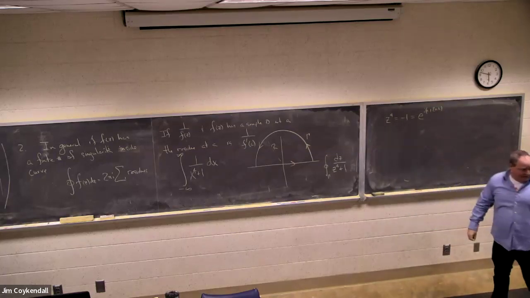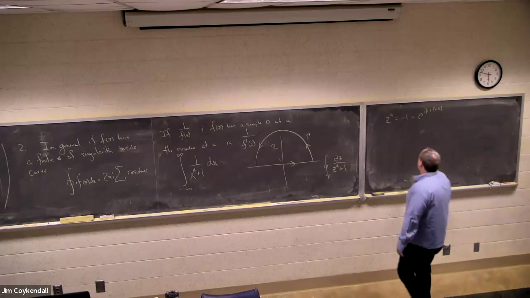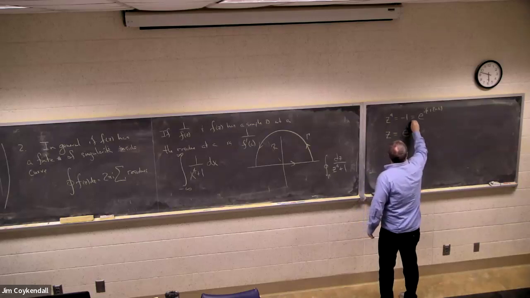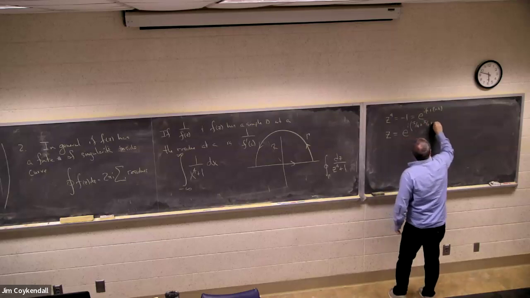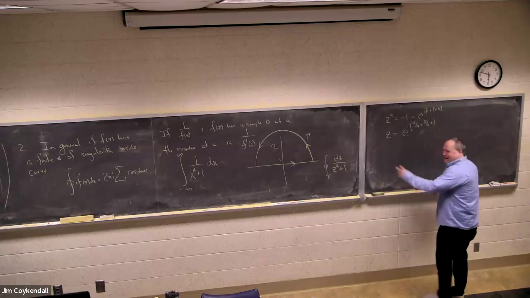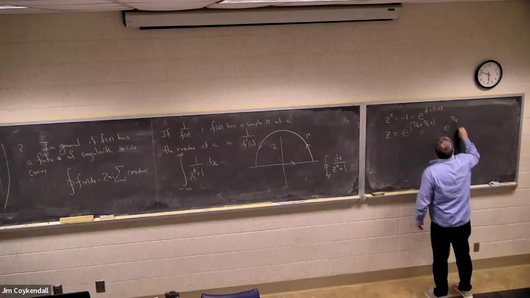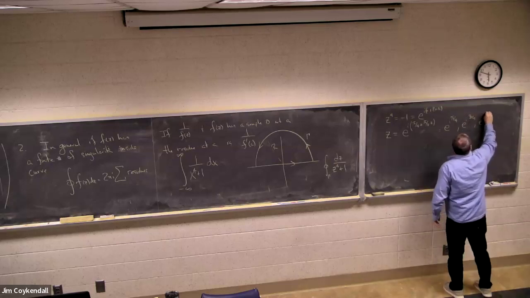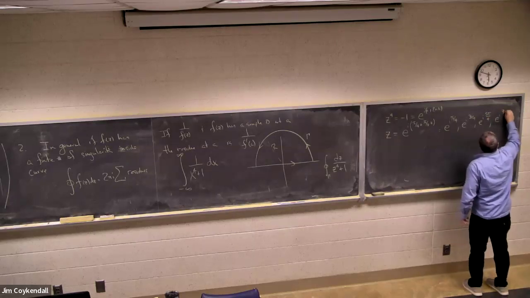And -1 is e to the i pi. And you can add any 2 pi multiple that you want. So z is e to the i pi over 4 plus pi over 2 k. And so here's what I get: pi over 4, 3 pi over 4, 5 pi over 4, 7 pi over 4.